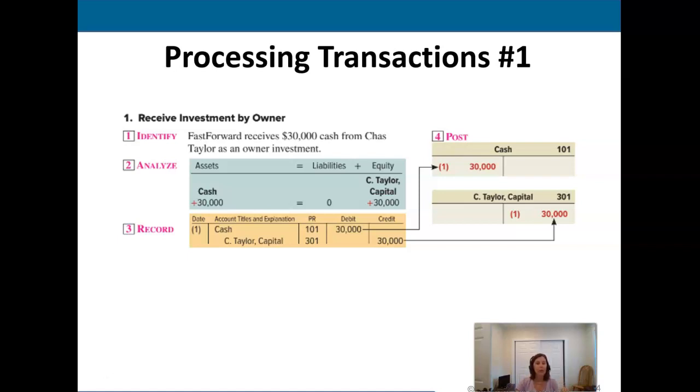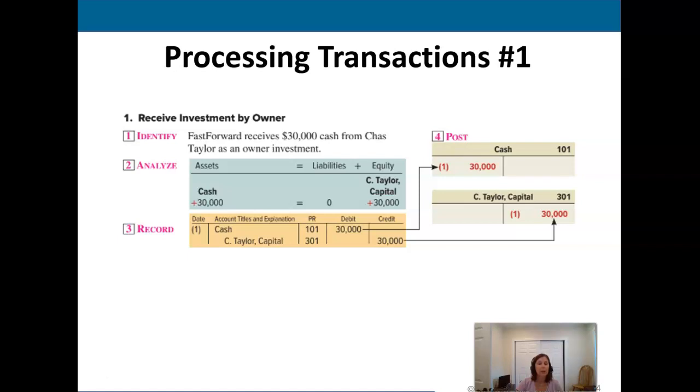And he invested $30,000, and in exchange he gets capital, or stock is another way of referring to that, in this company. So here is our journal transaction, and we have a debit for cash of $30,000 and a credit to C. Taylor Capital.